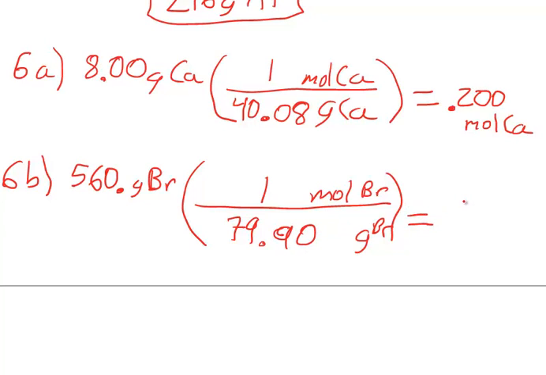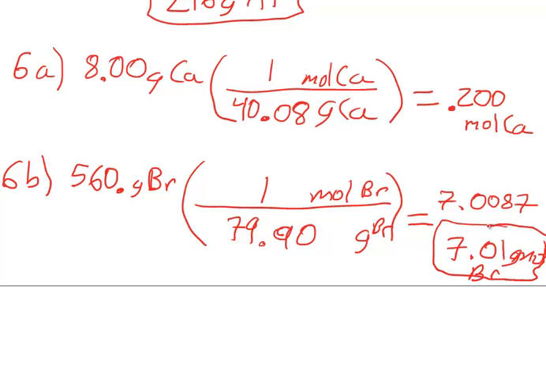So we take 560, divide by 79.90. We get 7.0087, which rounded to 3 significant figures is 7.01 moles of bromine. So those are our answers to 6, A and B.